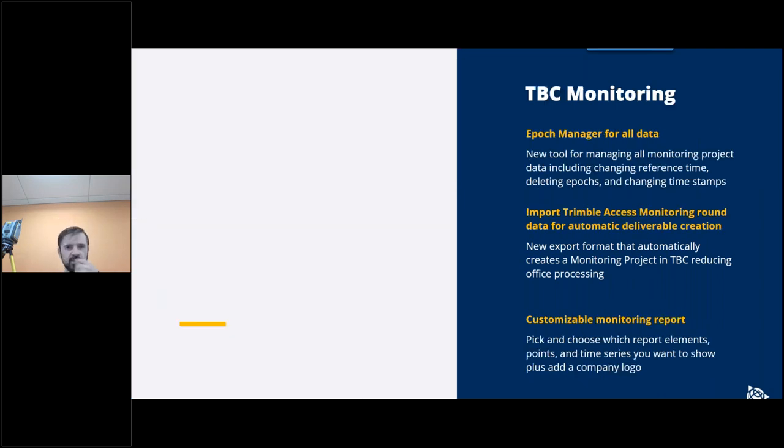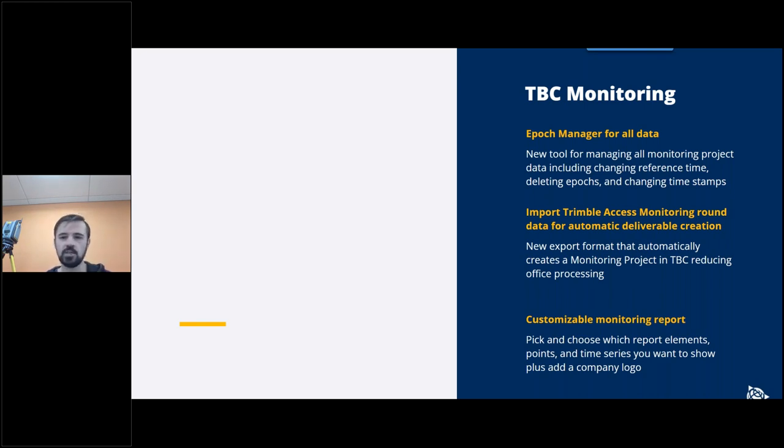Now on the TBC monitoring side, the first and one of my favorite new tools is the Epoch Manager. It allows you to see all of your monitoring data in one nice clean view in TBC. If you have 100 epochs or a ton of monitoring data, you can open up this view and it will show all of the monitoring points, but it will also give you some tools for better managing that data.